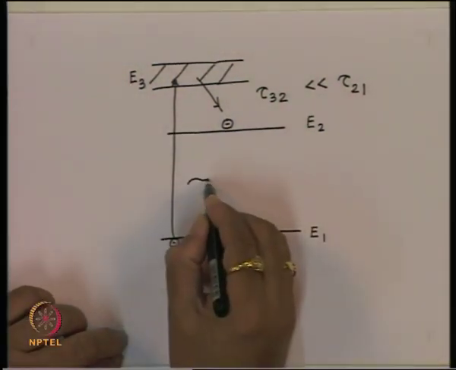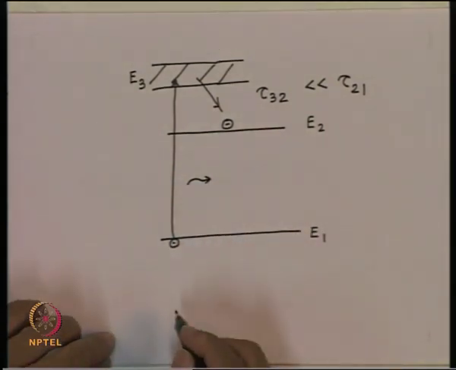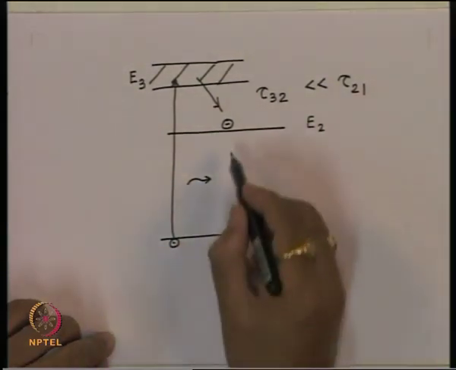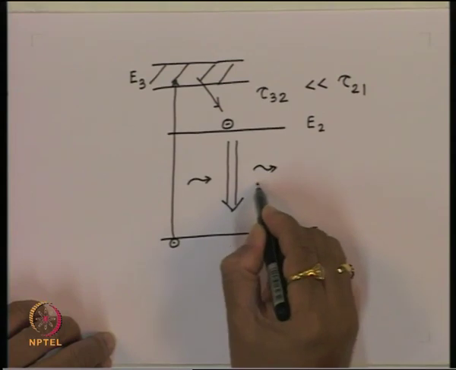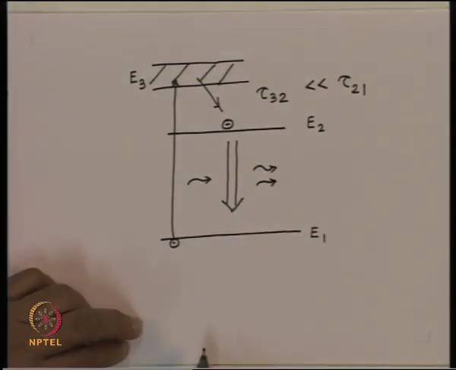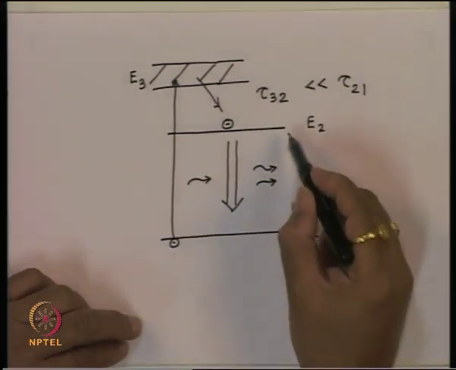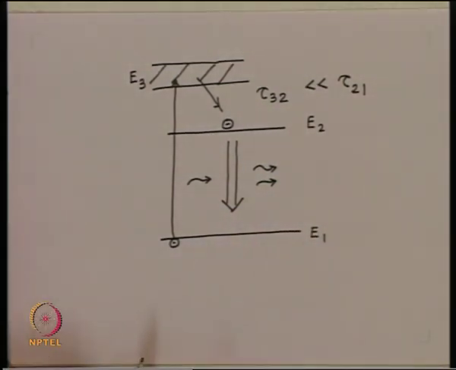Then if a photon is incident now with an energy difference which is E2 minus E1, then this electron will be pulled down and we get the stimulated emission out from this system corresponding to the energy difference E2 and E1.